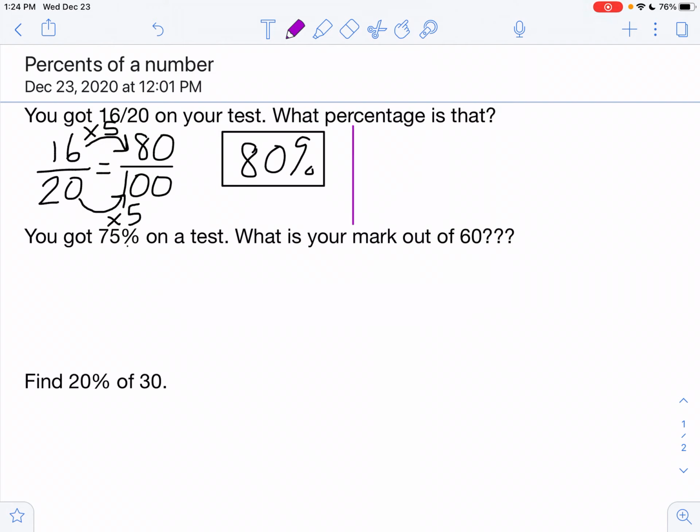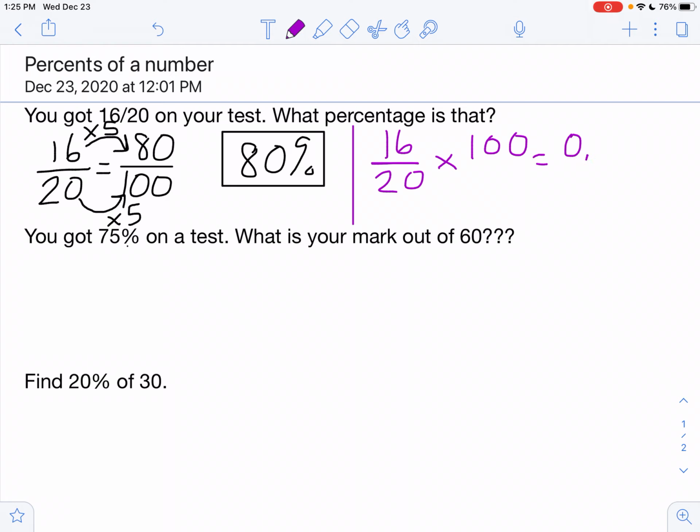We can also remember that 16 out of 20 is the same as saying 16 divided by 20. So this line here means divide by, okay? So on our calculator, we can do 16 divided by 20, and then we want it to be a percentage. So we want our new total to be 100. So we're going to multiply it by 100 when we're done.